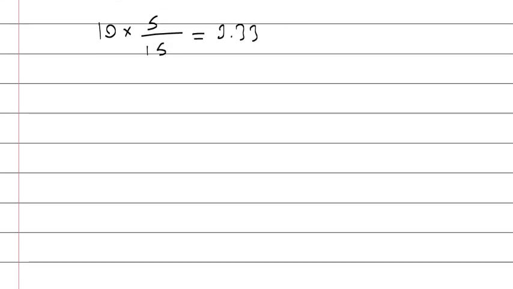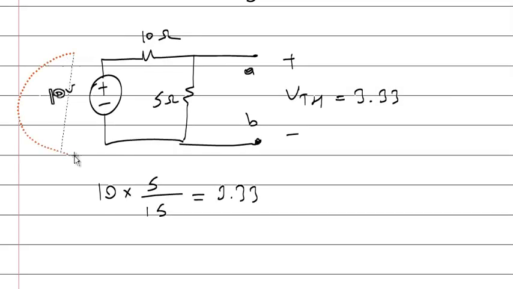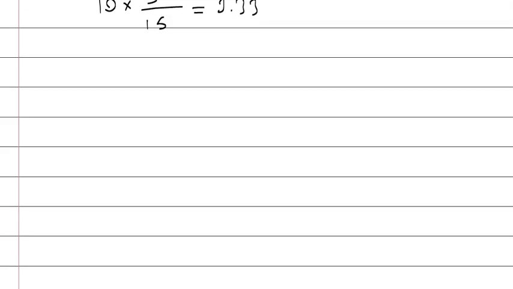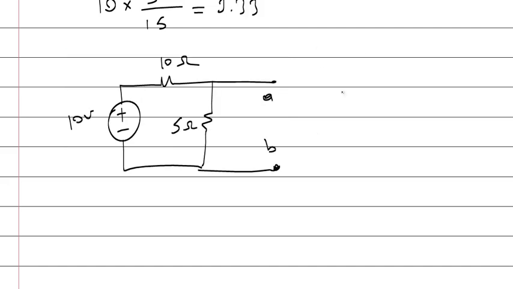And what's the Thevenin resistance? While calculating the Thevenin resistance, I have to turn the sources off.